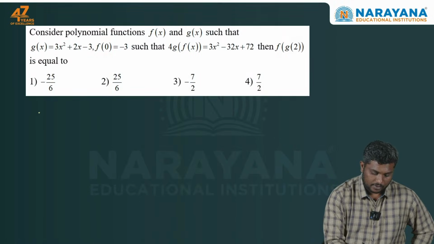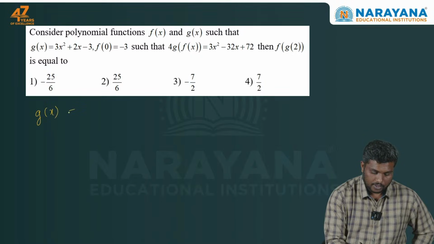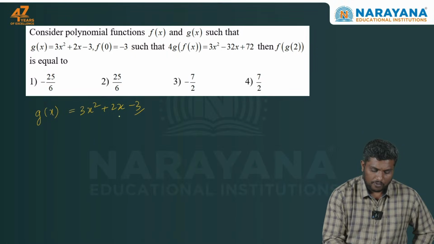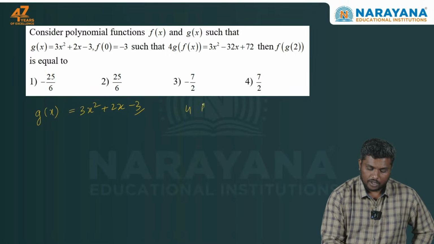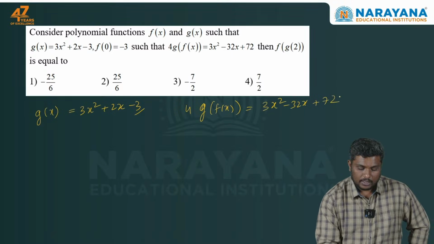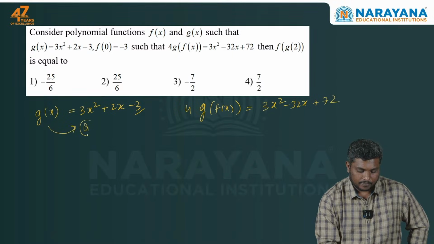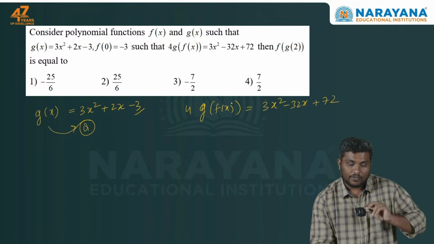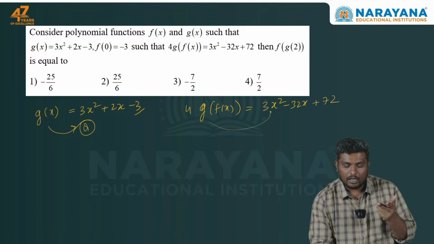g of x is equal to 3x square plus 2x minus 3. More of fundamentals, guys. Here 4 into g of f of x is equal to 3x square minus 32x plus 72. Guys, see, g is a quadratic, and after putting f of x, g is still quadratic.